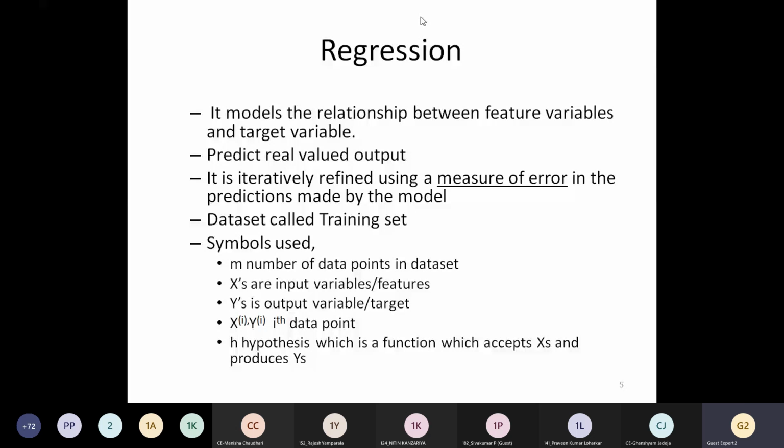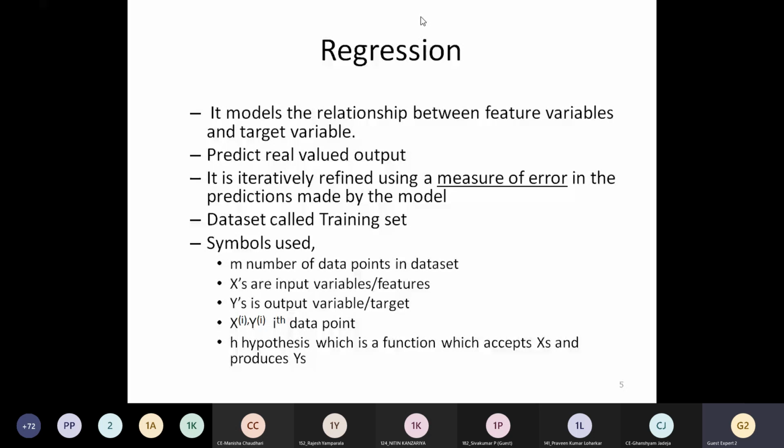If the error is increased, then we have to tune our model in such a way that in the next iteration, the error is reduced. And it will stop when it reaches the minimal error or the lowest error. How we can do that, we'll discuss further.